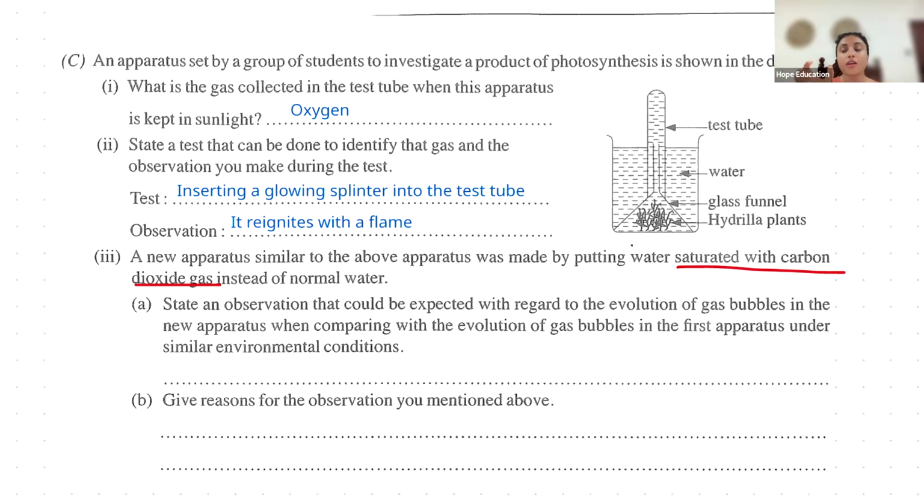And carbon dioxide is one of the main reactants required for photosynthesis, right? So more carbon dioxide means more photosynthesis. And more photosynthesis means what is the product? Oxygen. More oxygen gas will be produced.